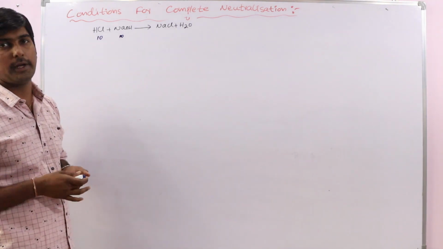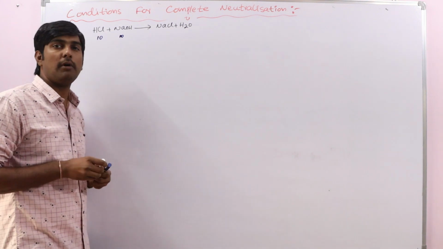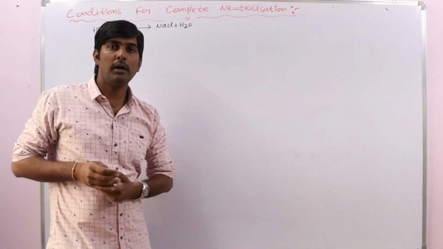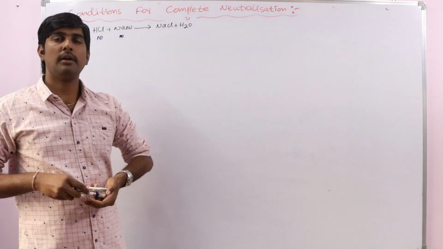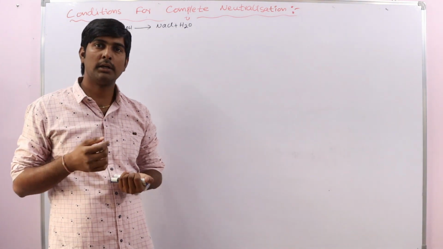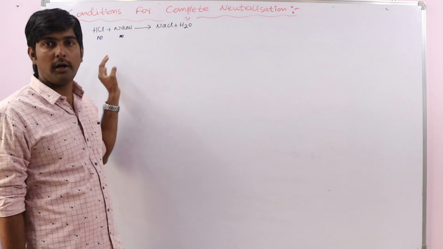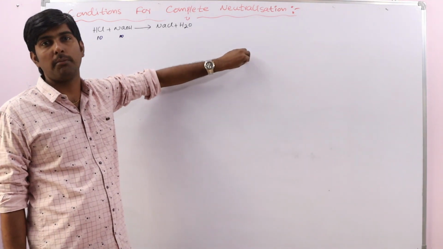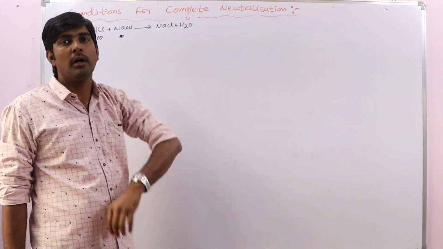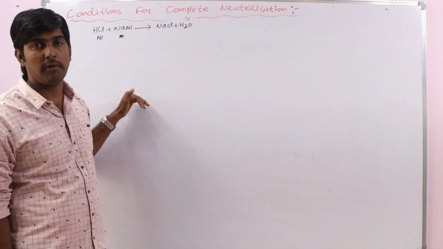Neutralization is completed. Okay, so here remember one thing, generally all the acid base neutralization reactions or redox reactions or precipitation reactions take place according to their gram equivalent number, not with respect to the number of moles. We should be very careful.